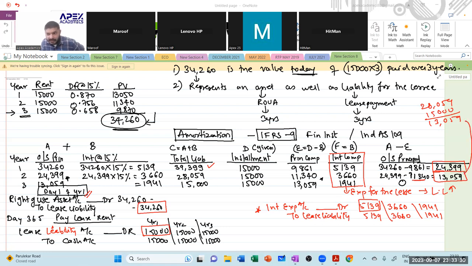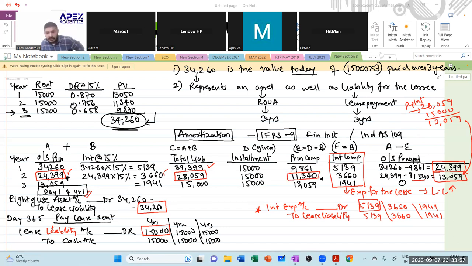This is not black magic. This is just mathematics. In this, there was an element of principal plus interest. Yes, Pushkar, there was. 28,059 came because I added an interest and a principal aspect to it. I am interested only in the principal aspect. Keep only the principal aspect, 24,399. Then when you subtract, subtract only the principal aspect, 11,340. That is absolutely okay.